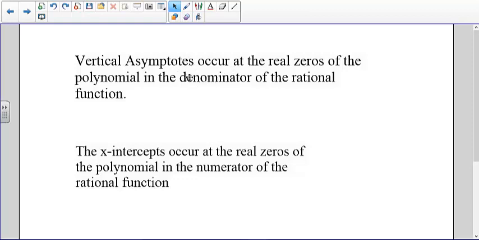So this is what happens when the denominator goes to 0. You get vertical asymptotes. Where the numerator goes to 0 are the values of x where the function is 0, and that is the zeros of the rational function. So the polynomial that is the numerator of the rational function is used to find out where we have real zeros or intercepts.